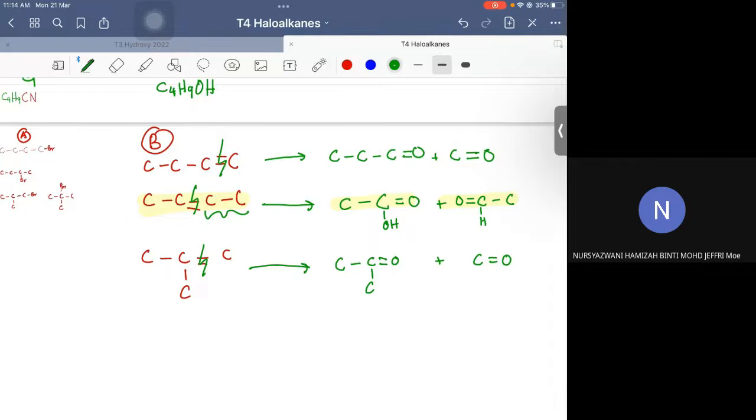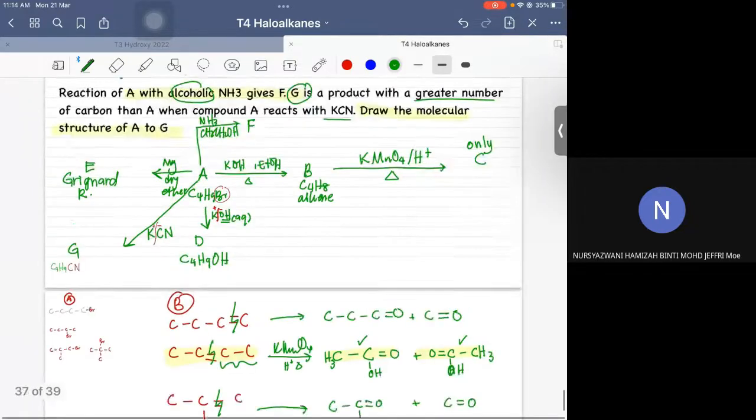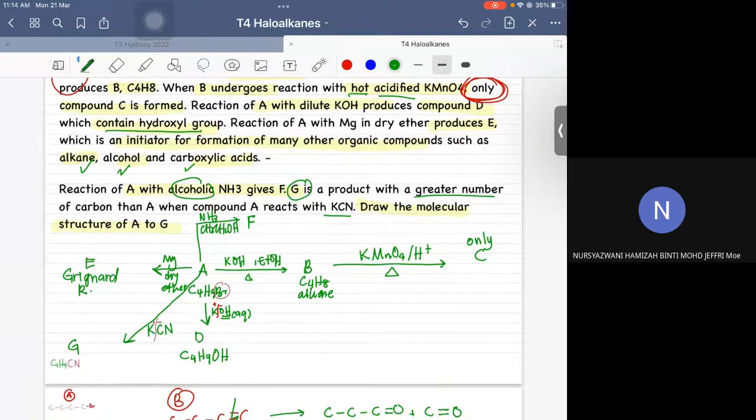Kan sini ada H kan, lepas tu dia further oxidize KMnO4 ni, H plus acidified. So C double bond O ada H, and then tempat H tu kita tambah OH. So ini adalah ethanoic acid, ini pun ethanoic acid. So C je lah. Betul lah dia cakap C.